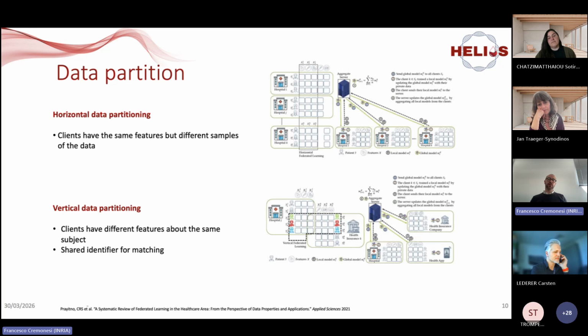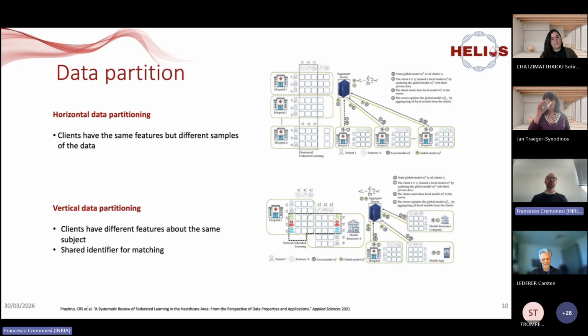And then another important distinction that we need to make is how the data is partitioned. And 99.9% of the time, when we talk about federated learning, we're thinking of the first example here, horizontal partitioning, where basically you have different subjects at different hospitals, but for every subject at every hospital, you have the full set of data descriptors, let's say, of data features.